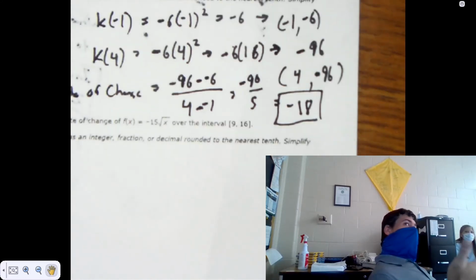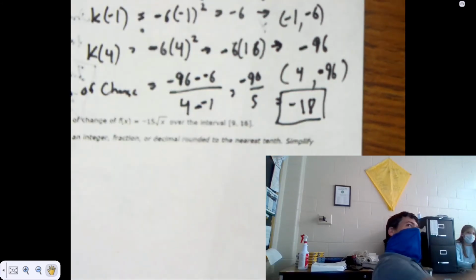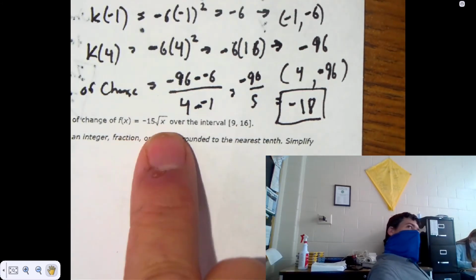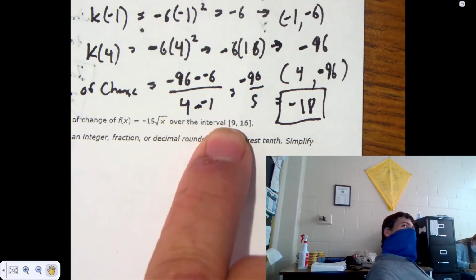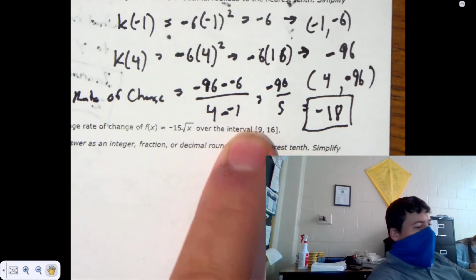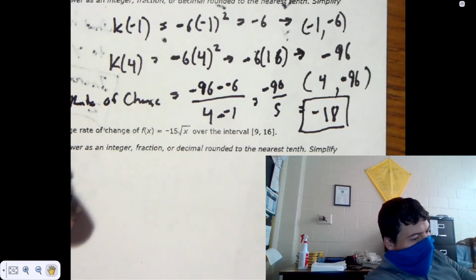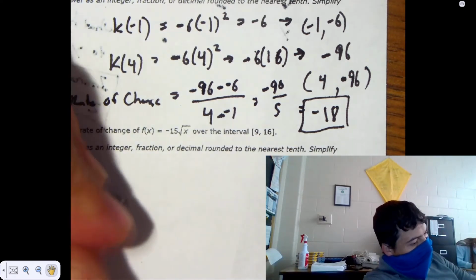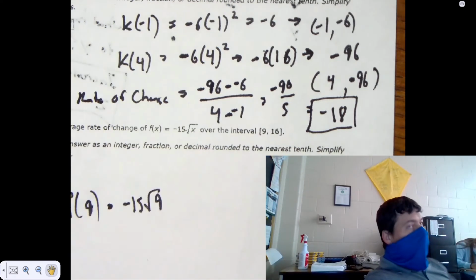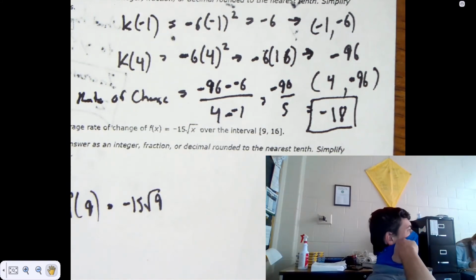And I've got a couple more examples in here, and the only reason they're in here is just because you see different symbols. What's that symbol? Square root, all right? We'll figure out our ordered pairs. I guess we'll plug a 9 in. I'm going to find f of 9. That'd be -15 times the square root of 9.